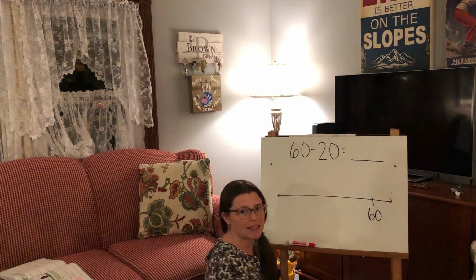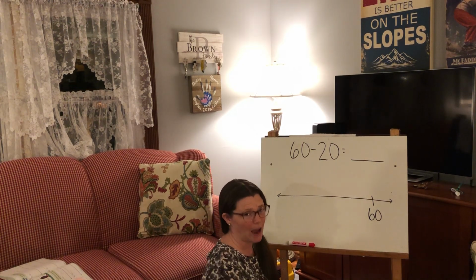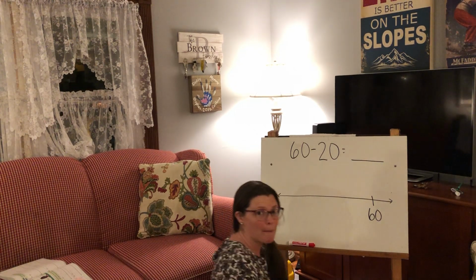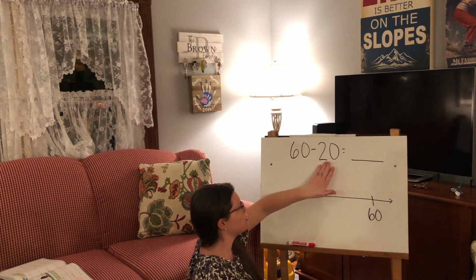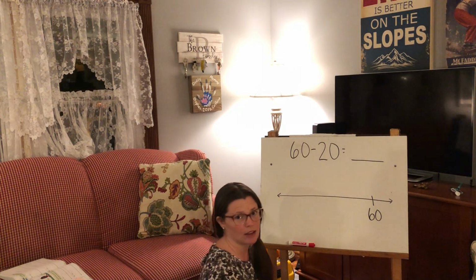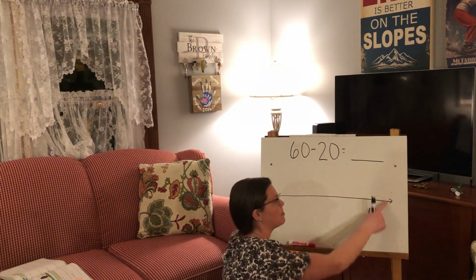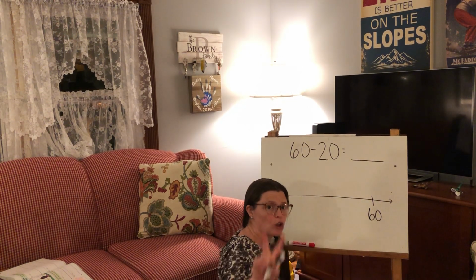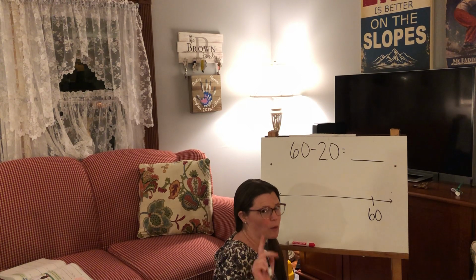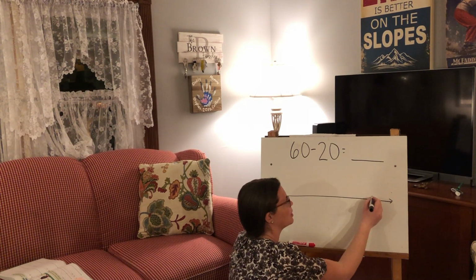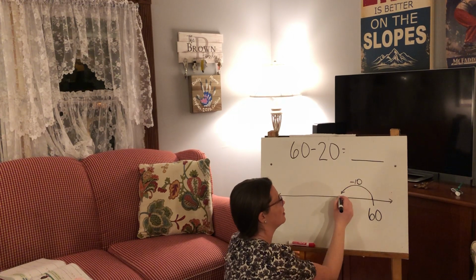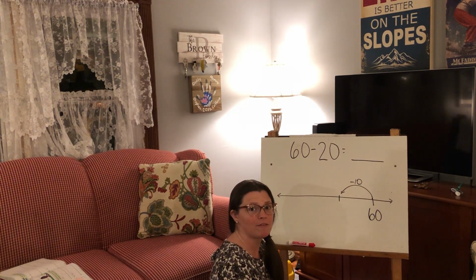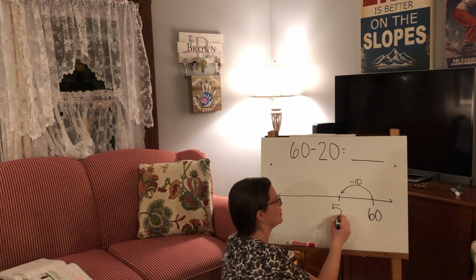And now today we are going to be counting by tens, but backwards, okay? So I'm subtracting 20. So that means I need to jump back 10 2 times. Watch what I do. I'm gonna go back 10, because that's minus 10, and I end up at 50, right?